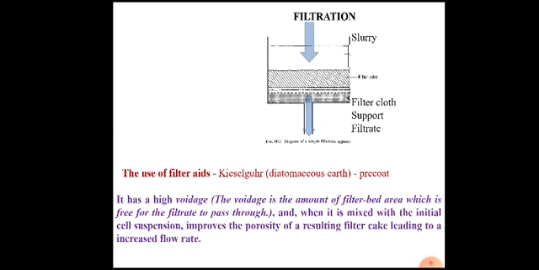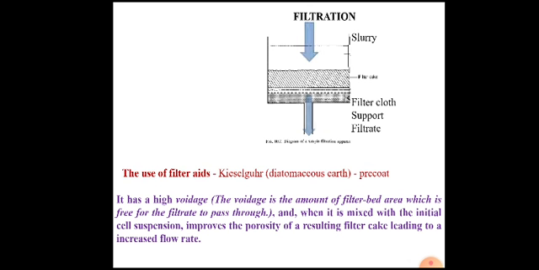Now, let us understand the principle of filtration. This filter aid, diatomaceous earth, has a high voidage. Now, the term is very important. Voidage is the amount of filter bed area which is free for the filtrate to pass through. That is how diatomaceous earth improves the rate of filtration, by increasing the voidage.